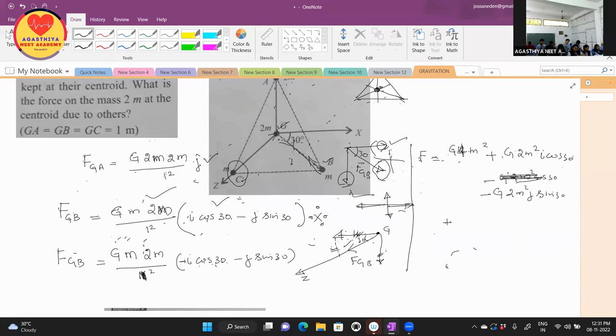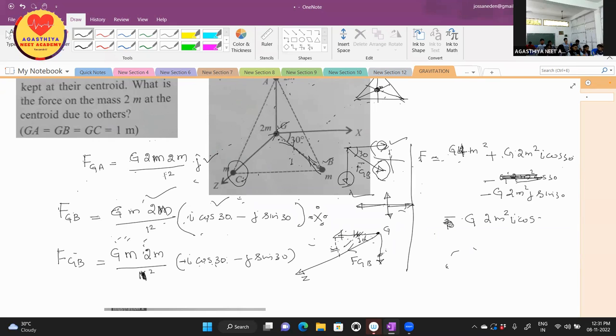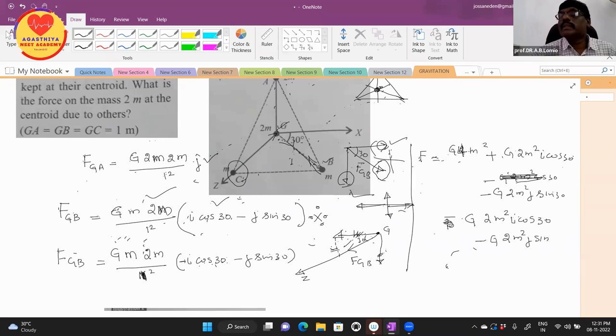And then the third one: G 2m squared, minus sign, minus sign, i cos 30, minus sin, G 2m squared, j sin 30. We have added everything. Just add all the values.